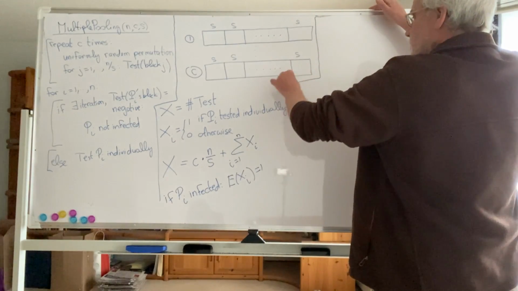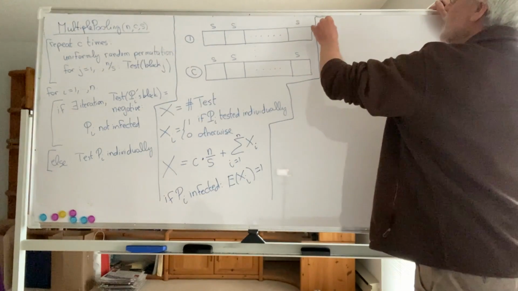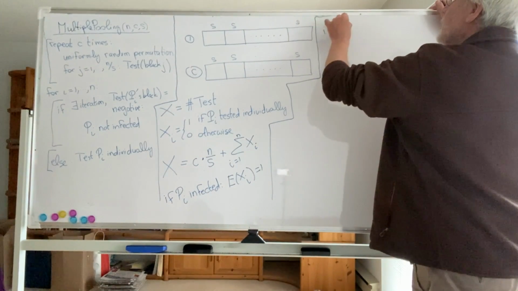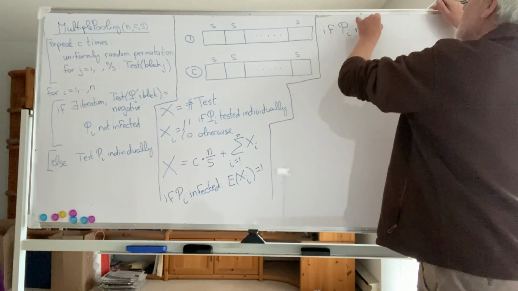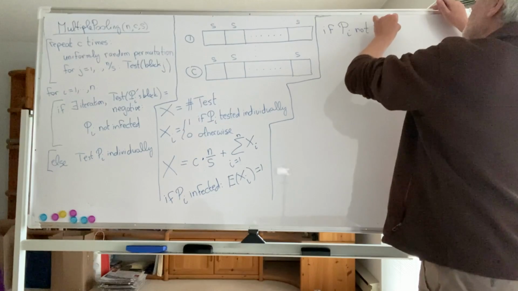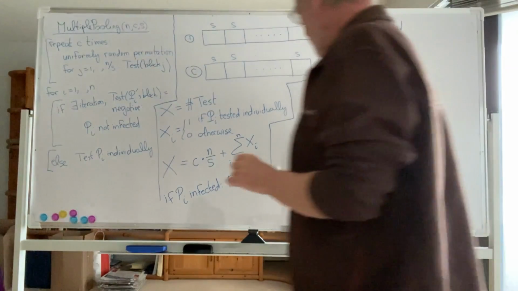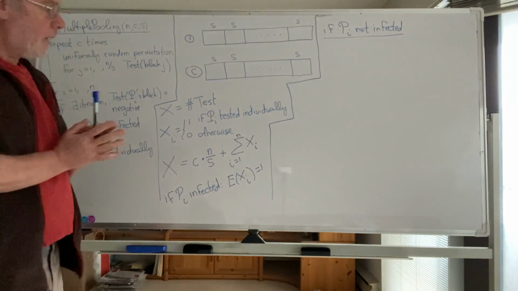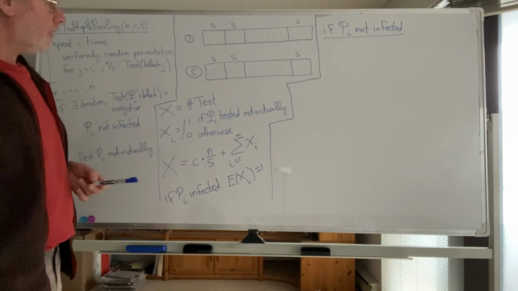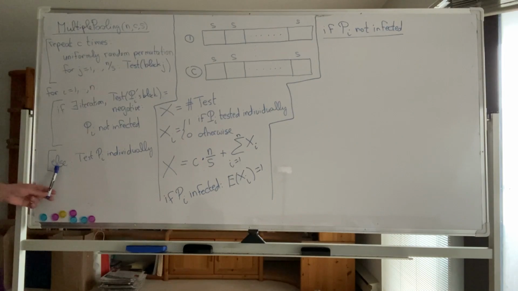So the question is now, what happens if Pi has not been infected? What is the expected value of this random variable Xi? Okay, so if Pi is not infected, then it may still happen that the algorithm goes to the else case here for person i.